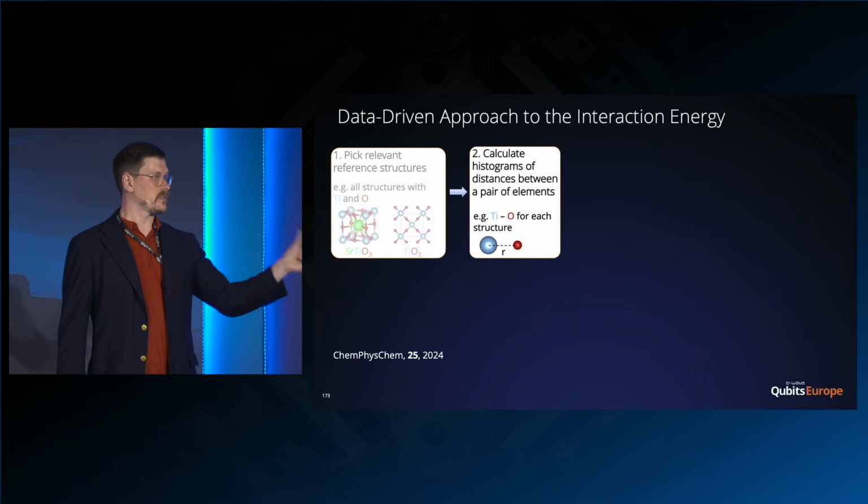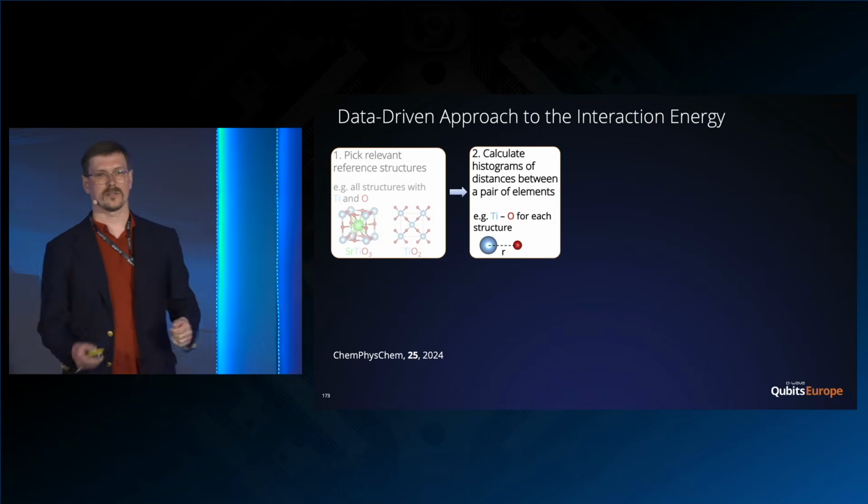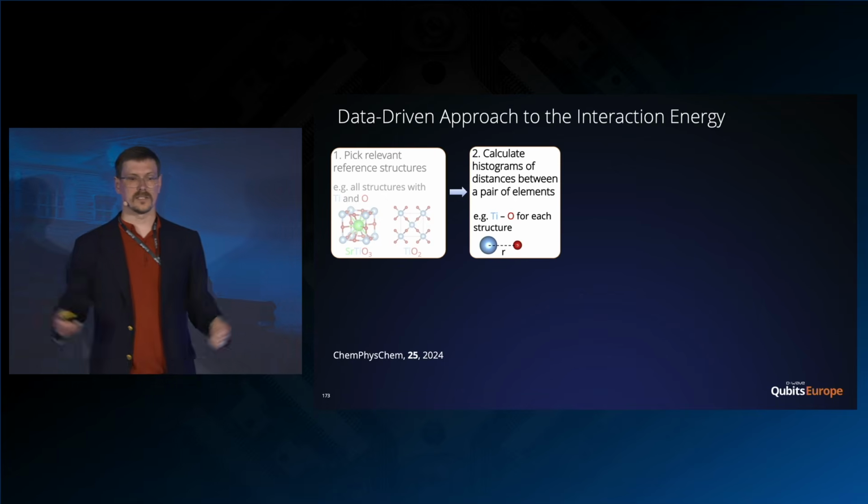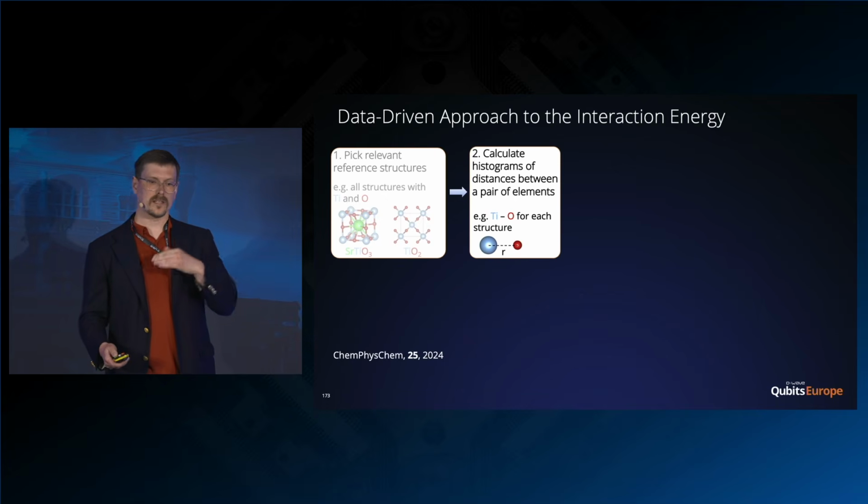A colleague of mine took nearly all materials known to mankind, did a lot of filtering and pre-processing, and based on this big data set of structures, he can now select, if you're interested in how titanium and oxygen should interact, these structures and observe how atoms are allocated against each other, right? Then you can simply do a histogram of the distance between the atoms, right? So titanium and oxygen are at given distances, and then you do it for every structure, and then you average this out.